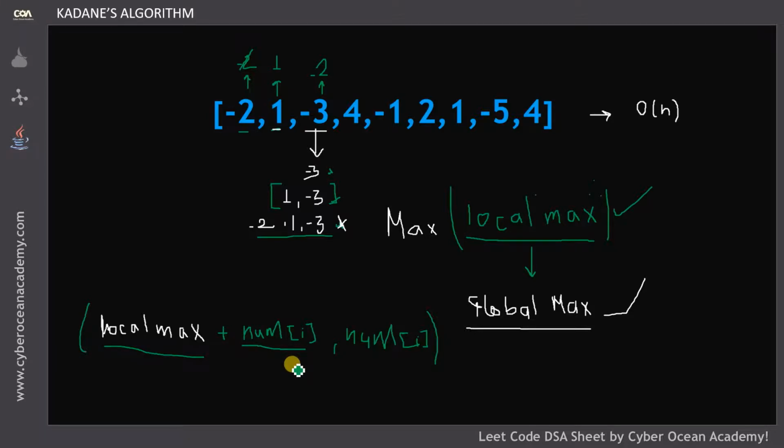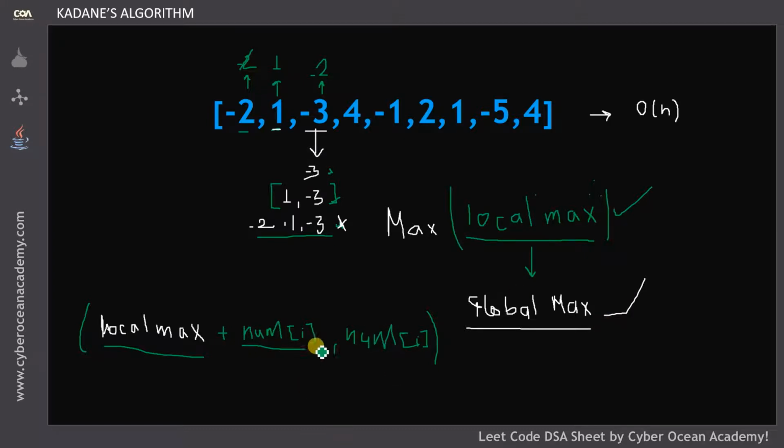Every time we will not go for all the other subarrays. We simply add the value to the local maximum and check if that sum is greater than the current value. If that sum is greater than the current value, that means we reach the new local maximum. And every time we find that local maximum, we compare it with the global maximum, and there we just store the maximum value as the global maximum.